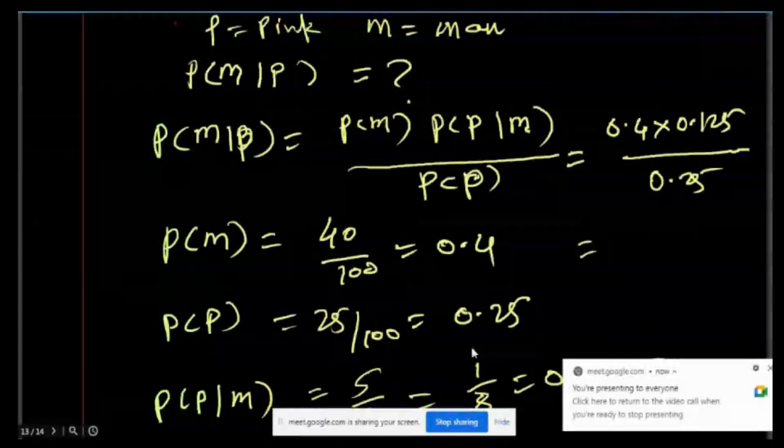Let us solve using a calculator. 0.4 into 0.125 divided by 0.25.